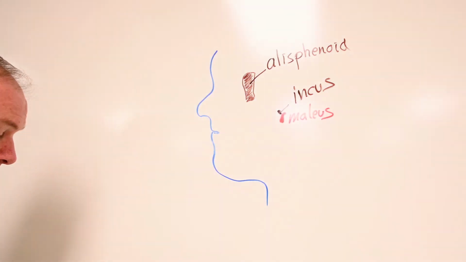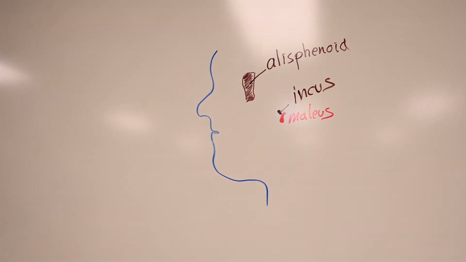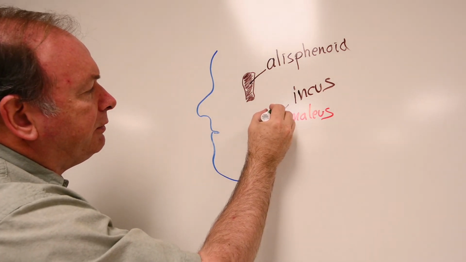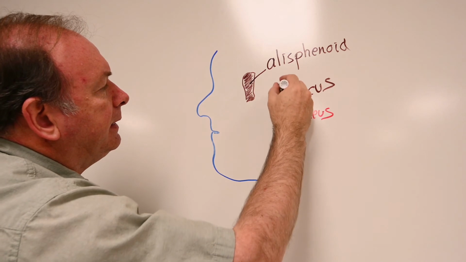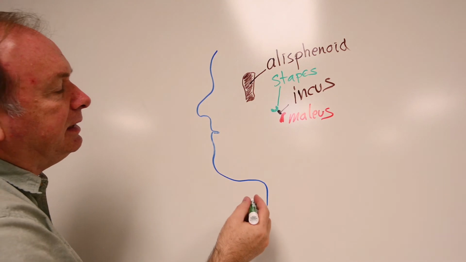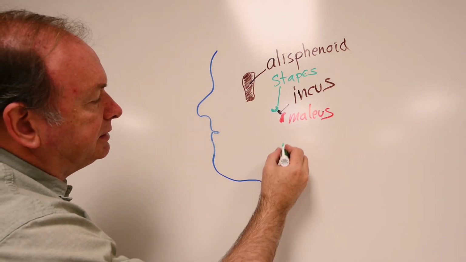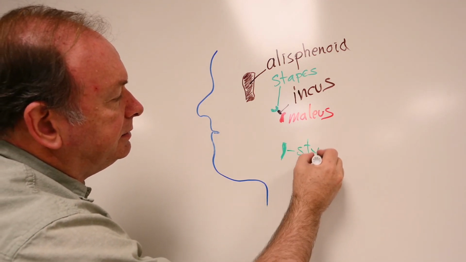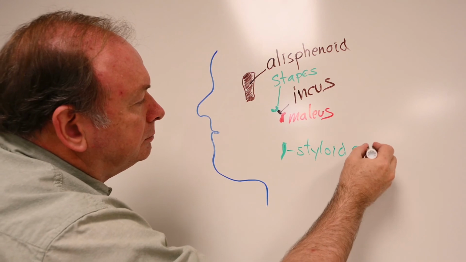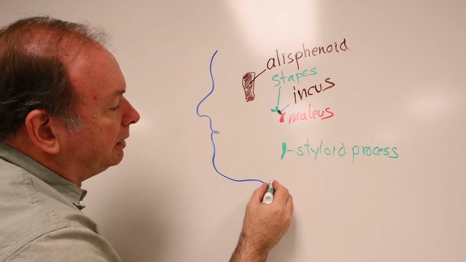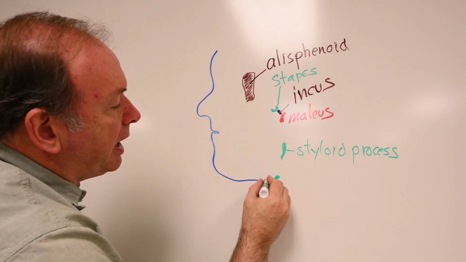Next, from the second arch, the stapes, also known as the stirrup, the third of your middle ear bones right in there. Stapes derived from that, as is your styloid process off of your temporal bone. And a portion of your hyoid bone.